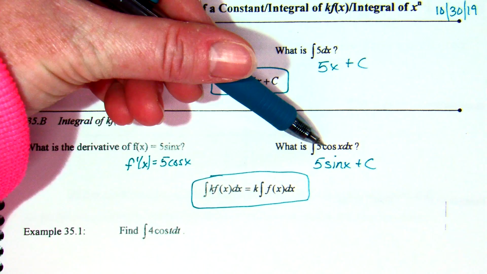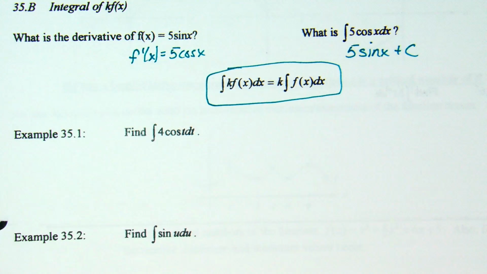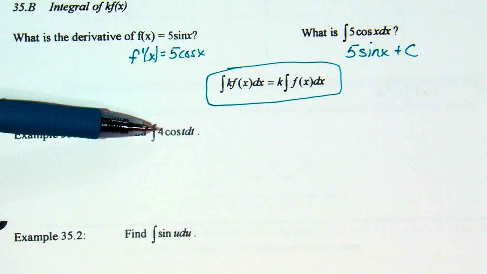So example 1 here. The integral of 4 cosine t dt. What this rule is saying up here is that basically this 4 is a constant. What's that 4 going to do? It's just going to carry along to your answer.